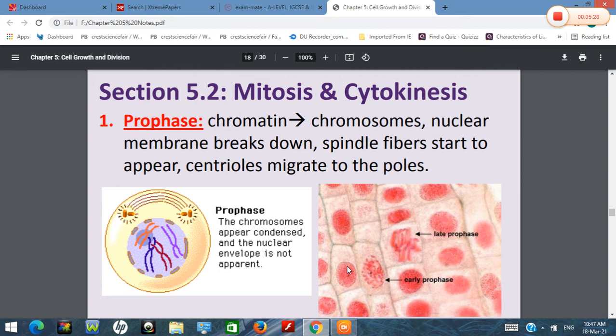And then after the condensing of the chromatin for the formation of chromosomes, the nuclear envelope or nuclear membrane disappears, and then the nucleus disappears or breaks down.